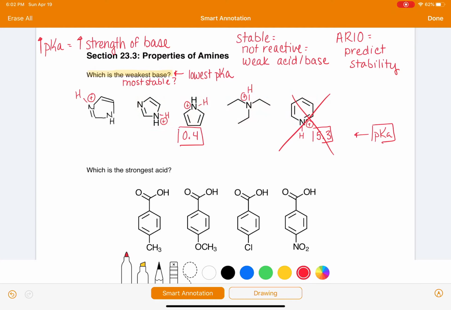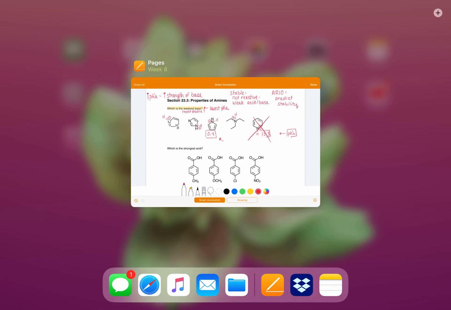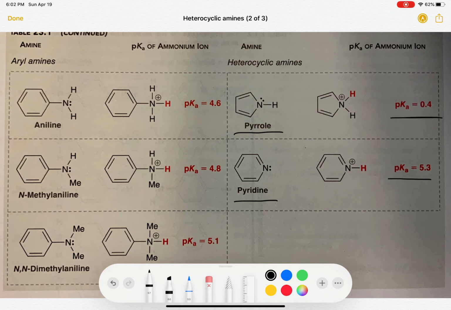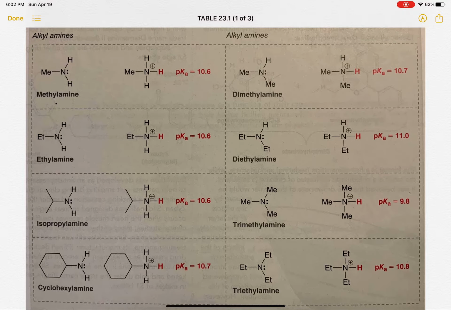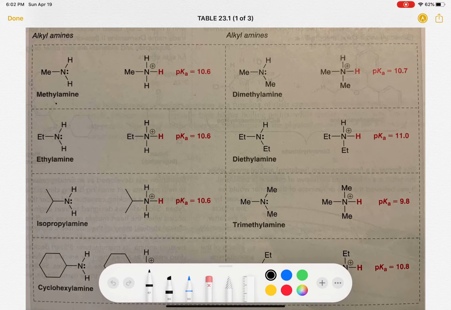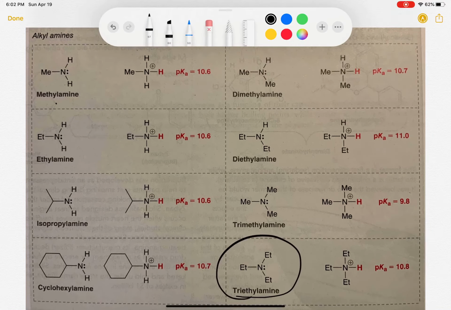We're really just looking for, is there any way that anything has a pKa lower than 0.4? Let's go back to our tables again and see if we can find any more of these molecules. This one has got alkyl amines on it, and we have this guy right here, triethylamine, a pKa of 10.8.